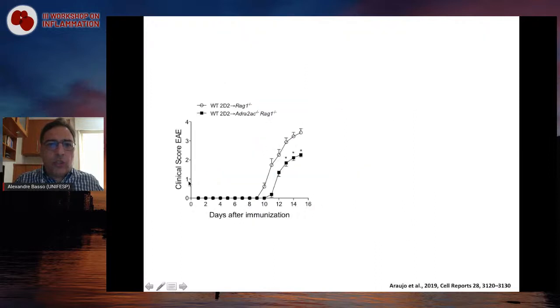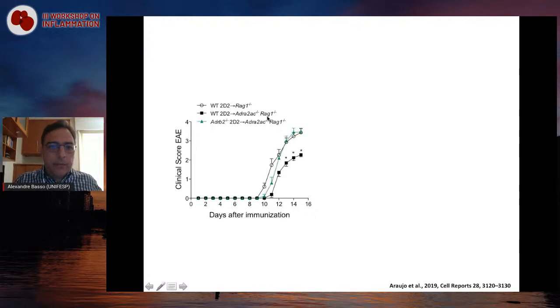And what we saw here was that the 2D2 cells induced less severe EAE when they were transferred to animals with a hyperactive sympathetic nervous system.